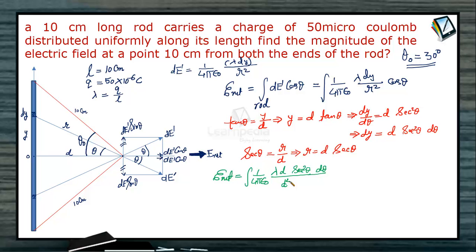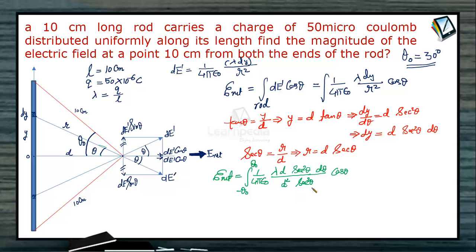R square is d square and sec square theta, multiplied with cos of theta. The limit of integration will be minus theta naught to plus theta naught, because here the angle we are increasing in the upward direction, or in the clockwise sense, so anti-clockwise will be measured as negative angle. So minus theta naught to plus theta naught.